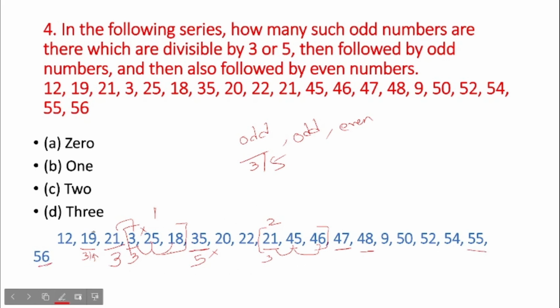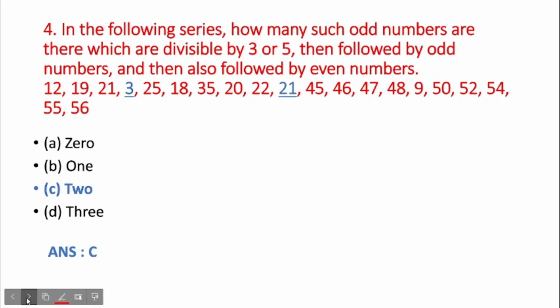So we have two such numbers, which is an odd number divisible by 3 or 5, followed by an odd number and also an even number. So it fulfills all the given conditions. The answer would be 2. 2 means C. C is the answer for this question.